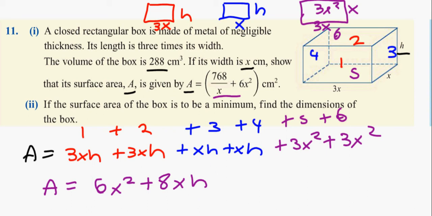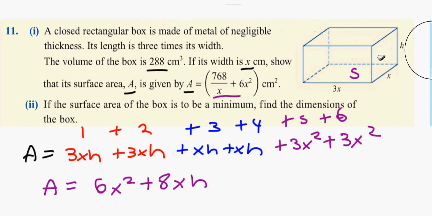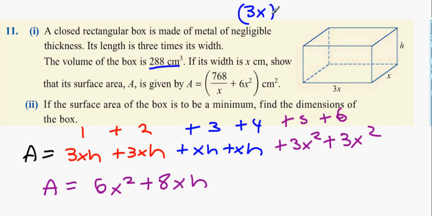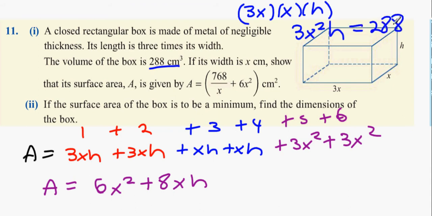Now, what piece of information I haven't used yet is anything to do with my volume. Remember, volume of a box is length by width by height. So it's going to be 3x multiplied by x multiplied by h, that is 3x squared h. 3x squared h equals 288.